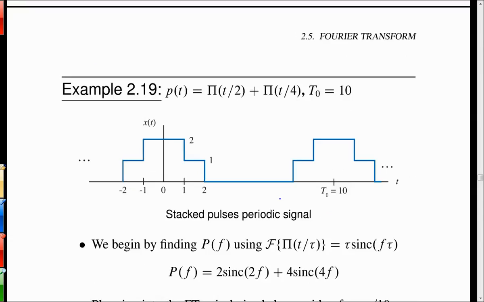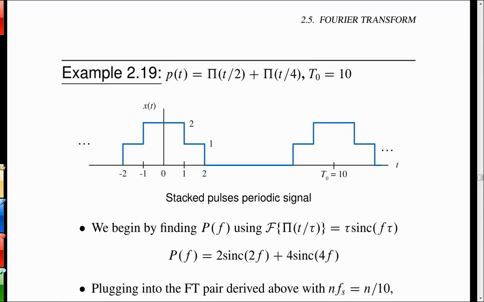So a quick little example is right here. This is kind of a fictional waveform. It's a periodic house waveform, if you want to call it that, or top hat or something. So it's two rectangles stacked together, except now they're replicated, so it's periodic. The period is 10.